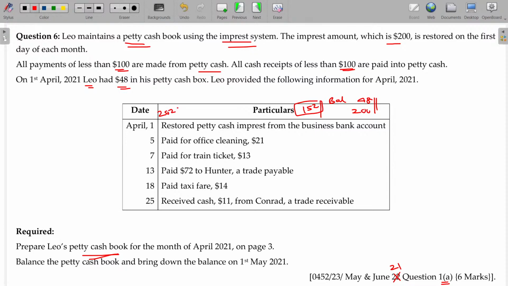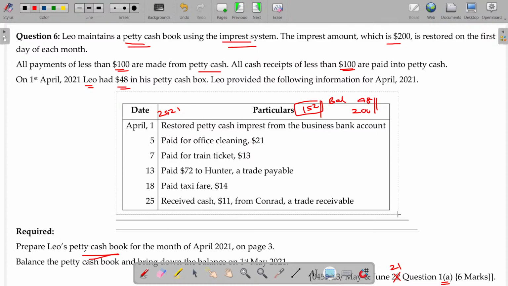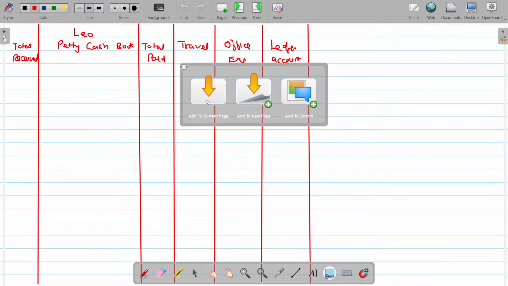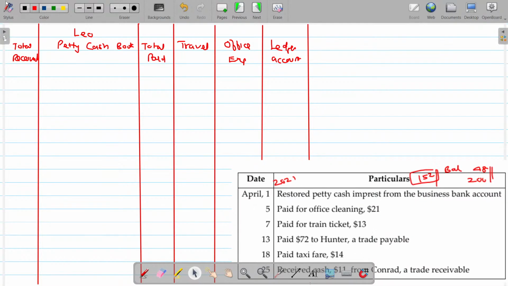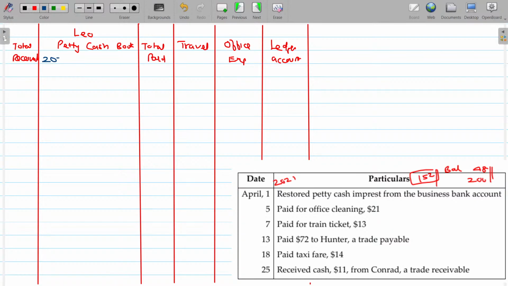So 2021. We'll start this one now. 2021, 1st April, the balance being 48, balance brought down being 48.